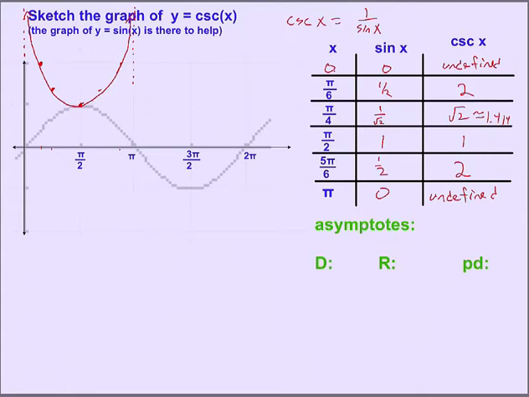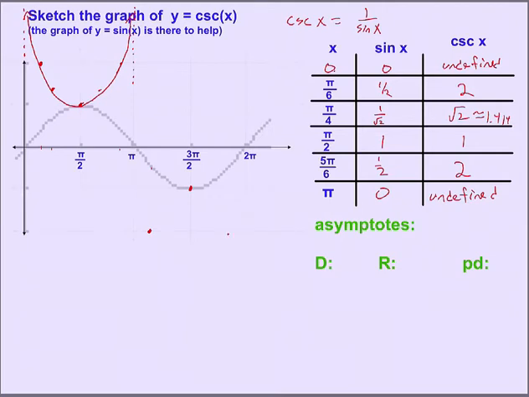In the next 2 quadrants, remember the sine repeats itself. It's just everything's negative instead of positive. The sine of 7 pi over 6 is negative 1/2, so the cosecant of 7 pi over 6 would be negative 2. The sine of 3 pi over 2 is negative 1, so its reciprocal is also negative 1.